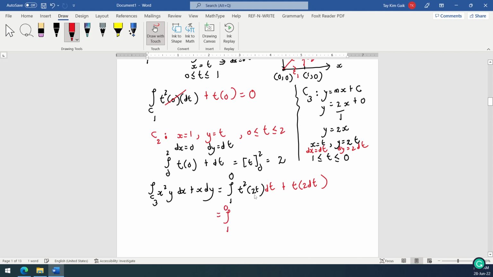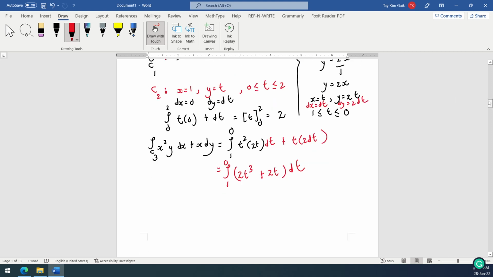So you get 2t cubed, the integrand is 2t cubed plus 2t, dt, from 1 to 0. You can either directly use your scientific calculator, or integrate it manually: 2t to the power 4 divided by 4 plus 2t squared divided by 2, from 1 to 0.